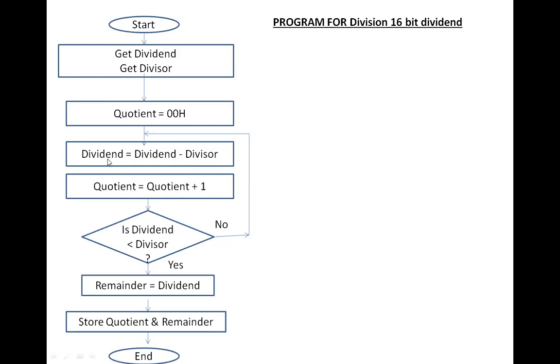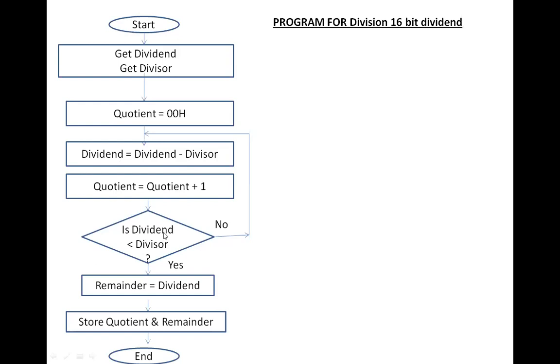After doing many operations, you have to check whether the dividend has become less than the divisor. Meanwhile, we have to increase the quotient value. As long as the dividend is more than the divisor, we subtract the divisor from the dividend and increase the quotient value one by one till the dividend becomes less than the divisor.